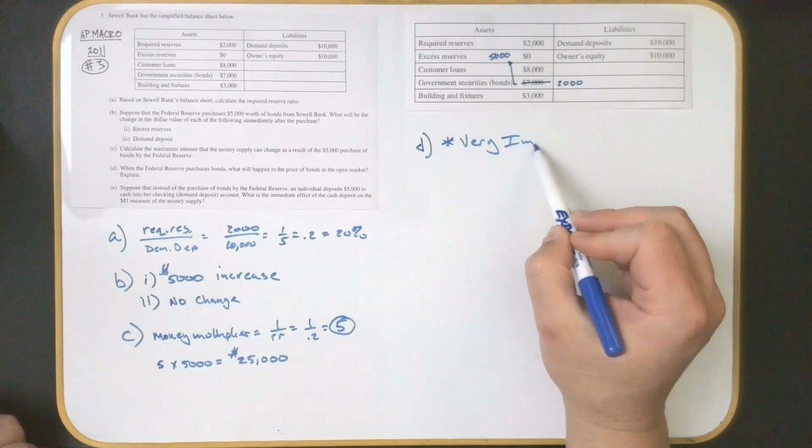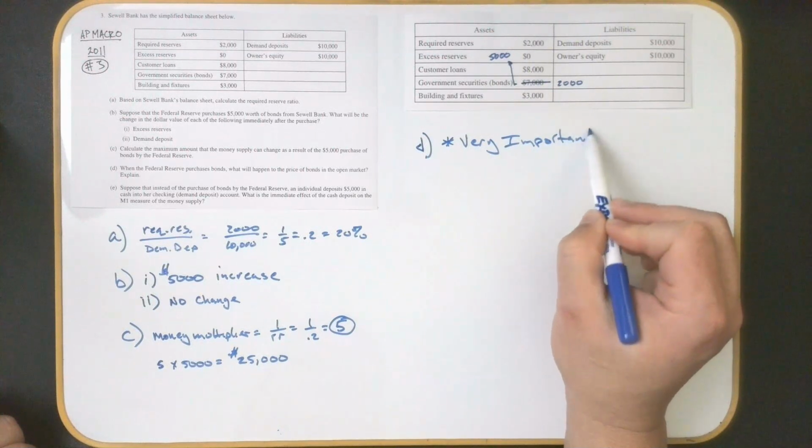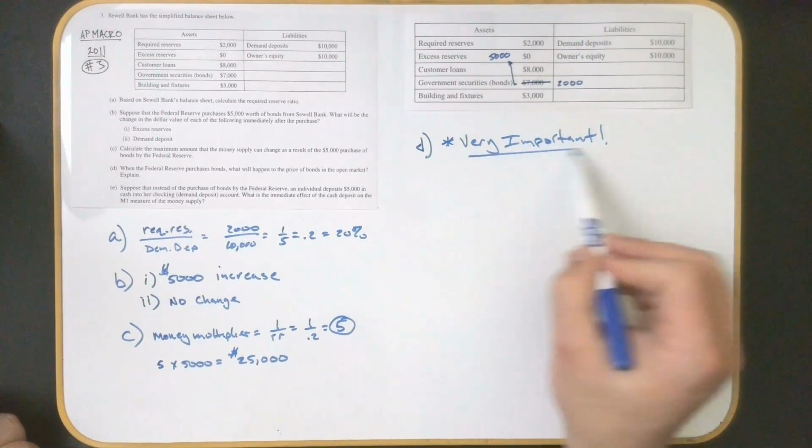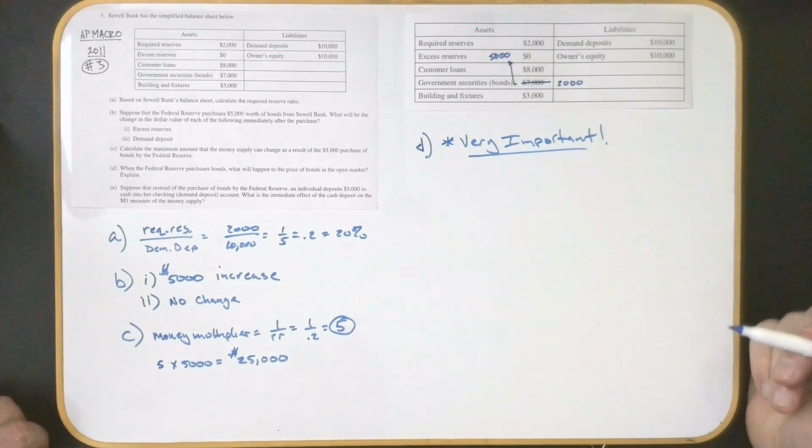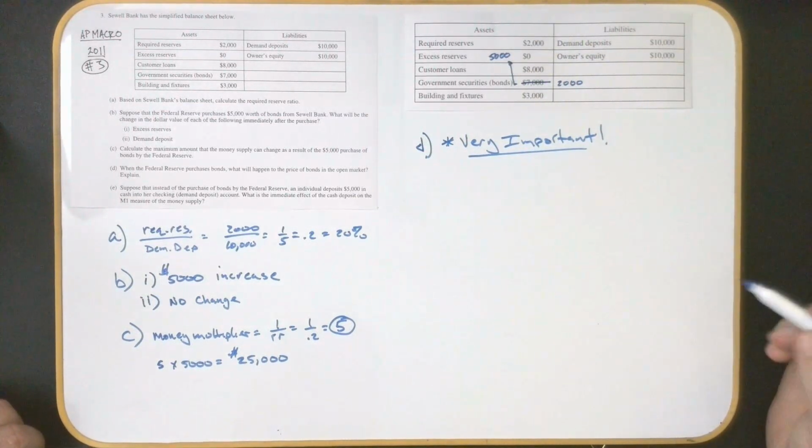Very, very important. So, it's one of those things you just want to memorize. If you understand it, that's great. If you don't quite see this, it's one of those things you want to memorize, and it will click later.